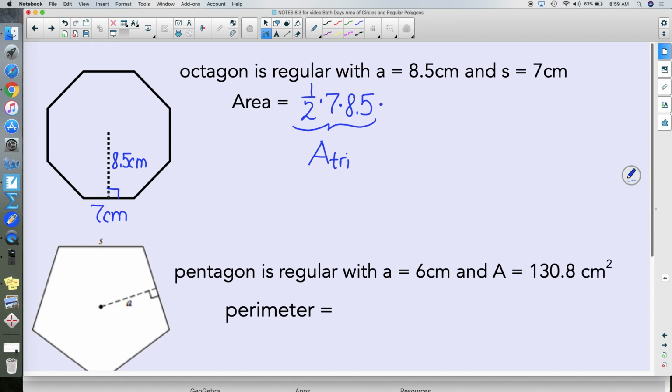And then if we multiply by, we happen to have an octagon, so 8. That's our number of triangles. And that will produce our area. The 7 and the 8.5 are both in centimeters, so when I multiply this together and I get 238, I'll be in square centimeters for units of area.